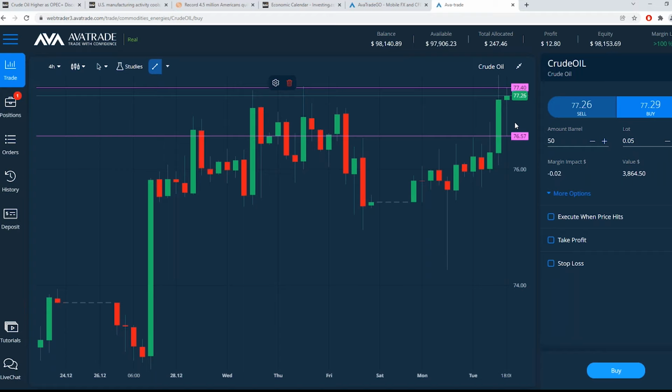And since our stop loss on the sell is at 78, we might say, okay, if it hits 78 and 10 cents, breaking beyond the resistance, then instead of selling, we'll let the buy position open. So you can say buy, but only execute when the price hits, and you put the price that makes sense to you. 78.10. So just above $78 per barrel. If it hits that, you buy with this strategy.